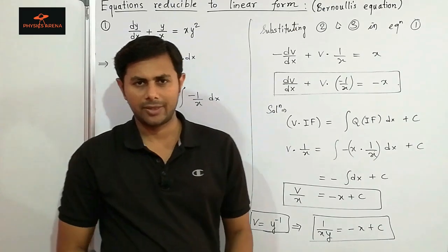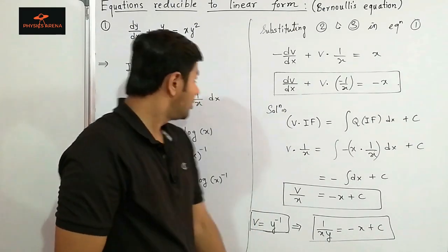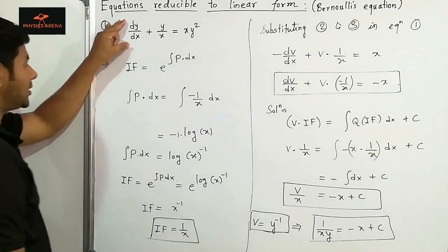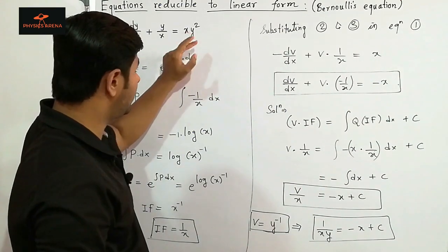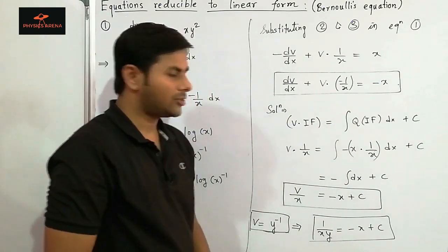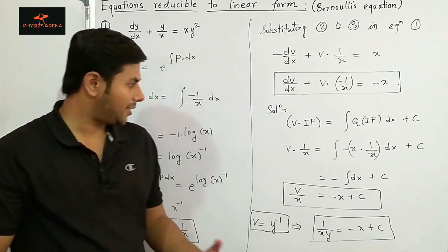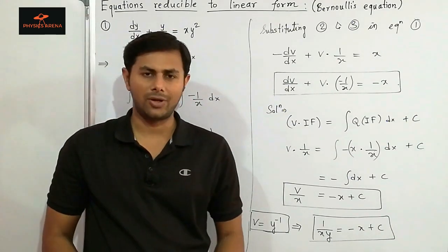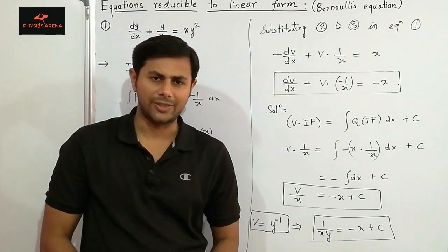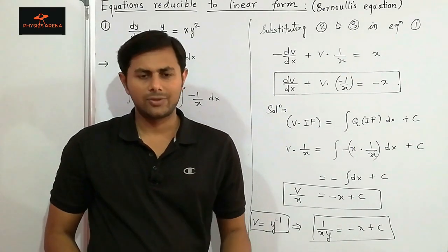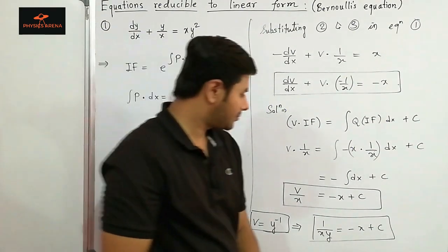So this is the method to follow when we have equations reducible to linear form. First of all, we need to reduce it to linear form and then use the procedure to solve the linear differential equation. So let us see another problem.